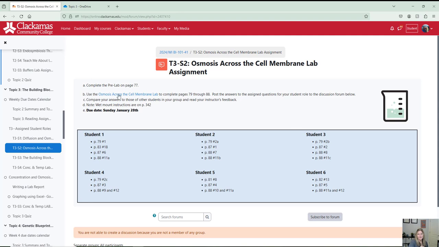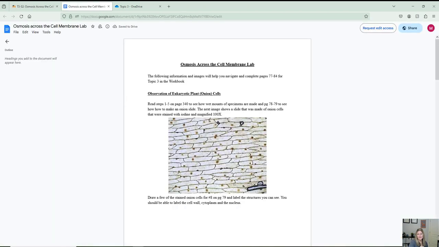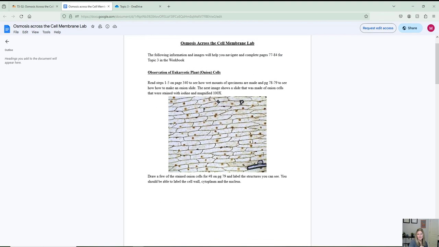Then you're going to be using the osmosis across the cell lab to complete pages 79 through 88. This is basically looking at some microscopic images of cells in different solutions. We're working with plant cells here, an onion cell. You can see the different structures.